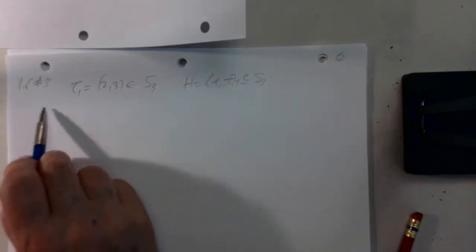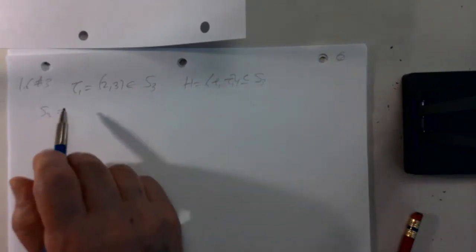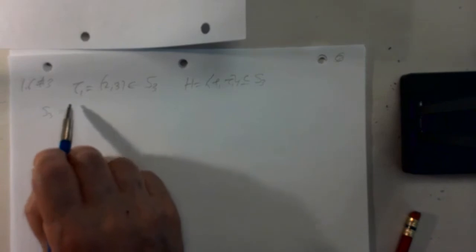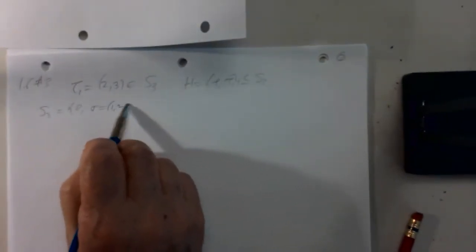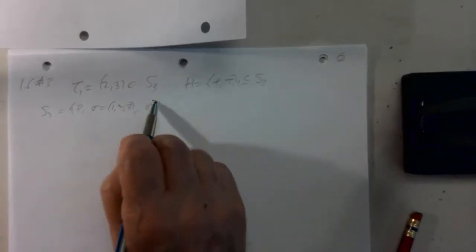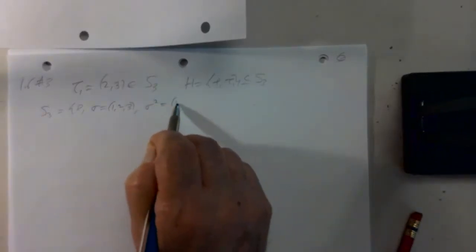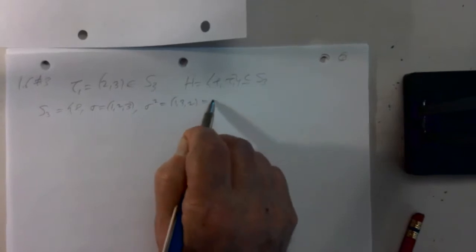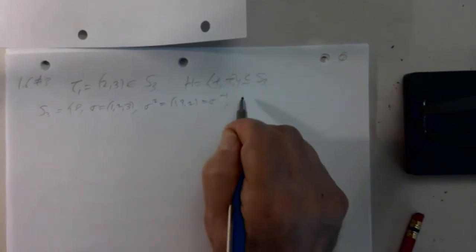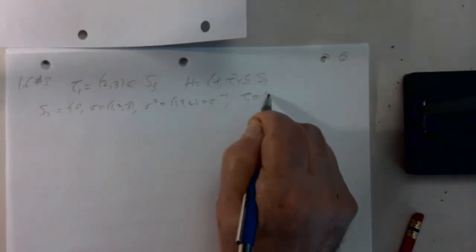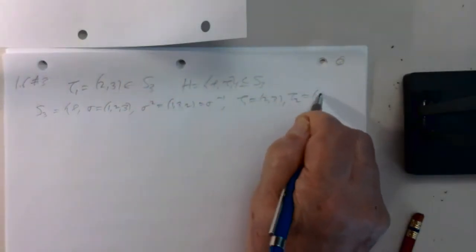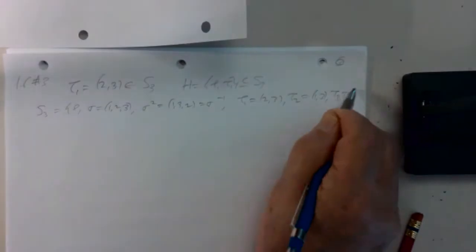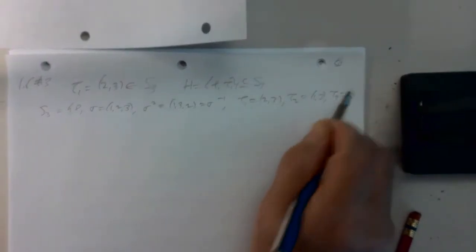So S3 has 6 elements: the identity, the 3-cycle sigma, (1 2 3), sigma squared, which is (1 3 2), the same as sigma inverse, tau 1, which is (2 3), tau 2, which is (1 3), and tau 3, which is (1 2).